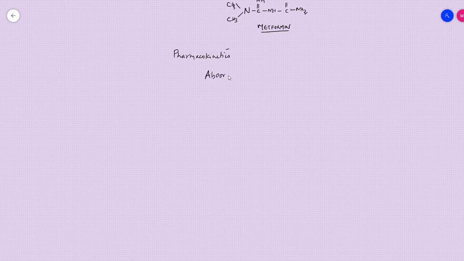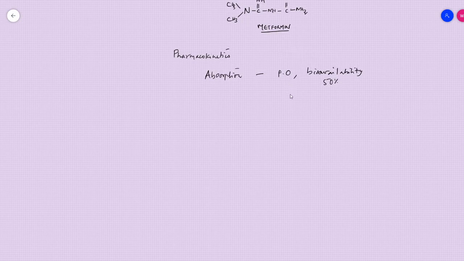Absorption. It is absorbed per oral. It has got bioavailability of 50%.